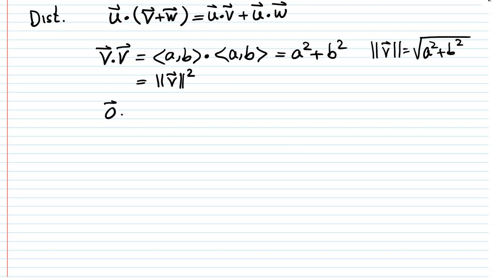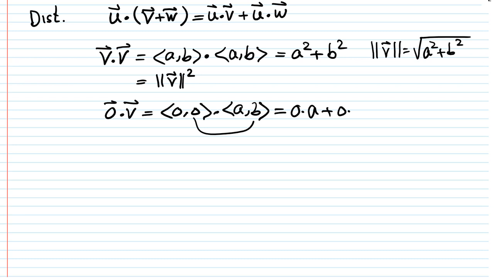Now the zero vector times any vector, let's say in a two-dimensional case where we have only two components (a, b). If I dot these together, I have 0 times a plus 0 times b, and that's 0. Now, I want to emphasize that this 0 is not the zero vector.